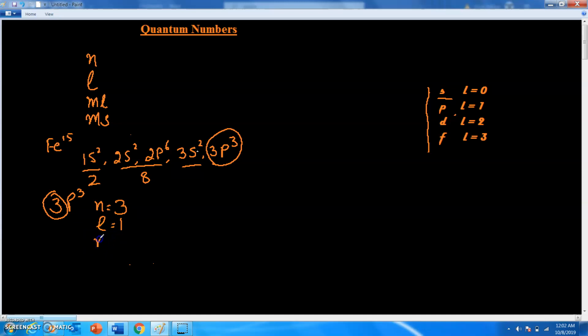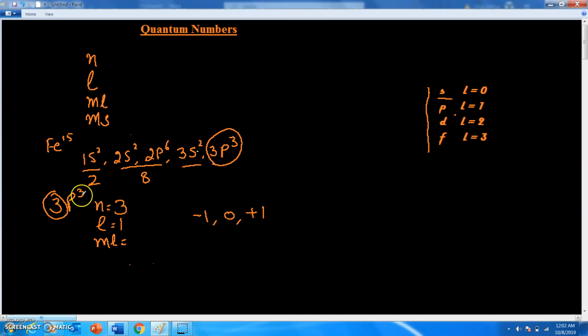Next comes ML. How to find ML? We will write the limits of L. That means if it is 1, we will write -1, 0 and +1. That means from -1 to +1. Now we will take these electrons.